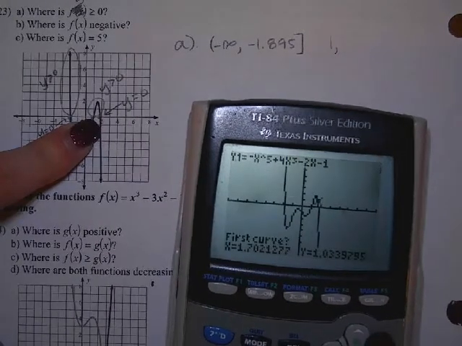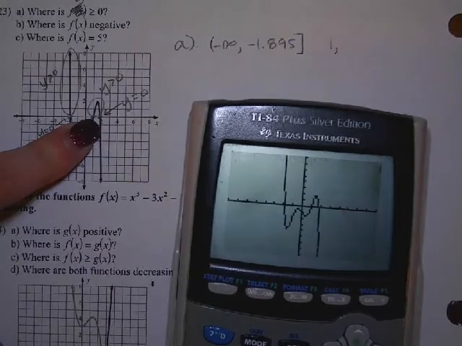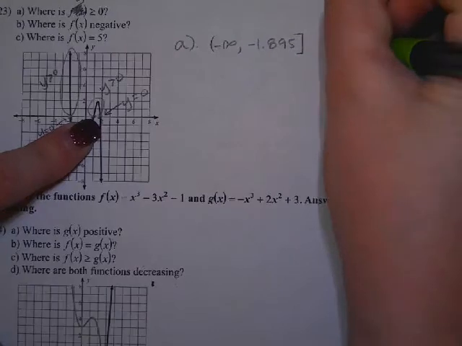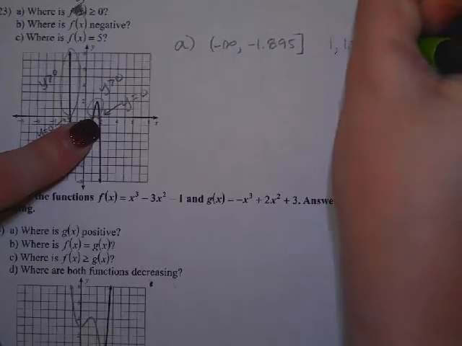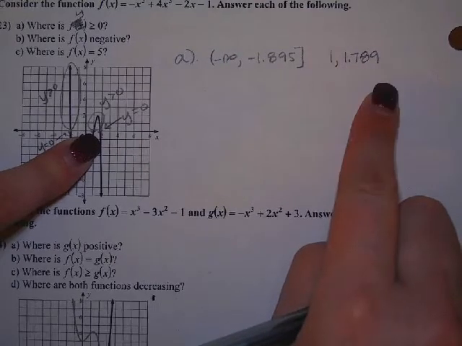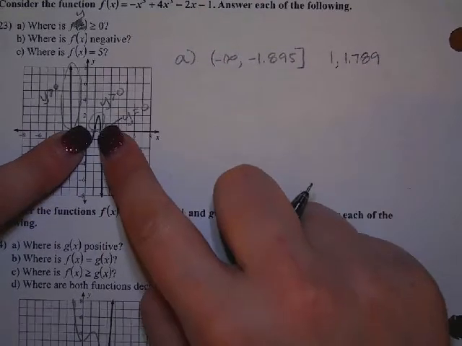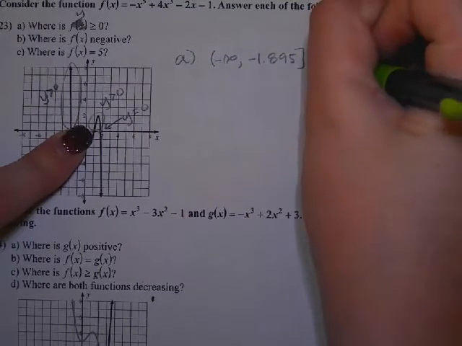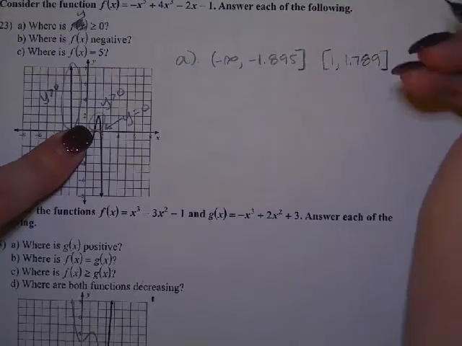Move it over a little bit. 1.789. And then what do I put around those two numbers? Brackets, because you're equaling 0, and it said to include it. So bracket, what else do I need?